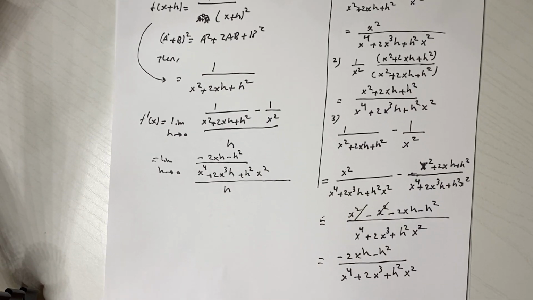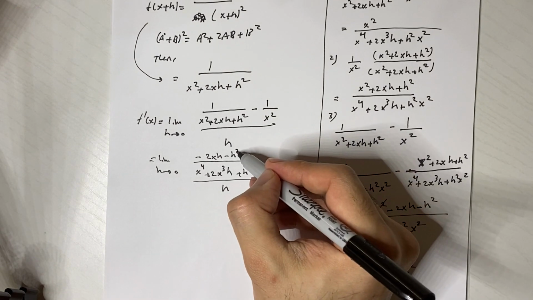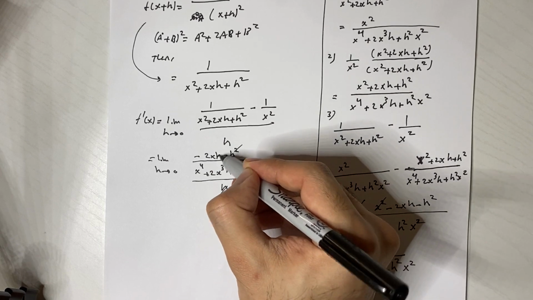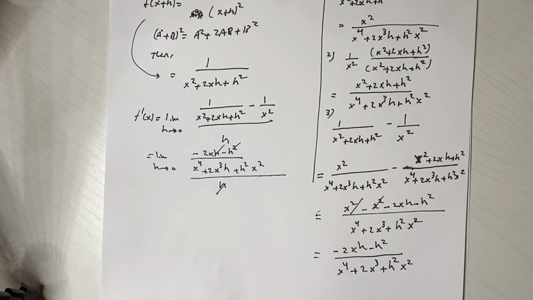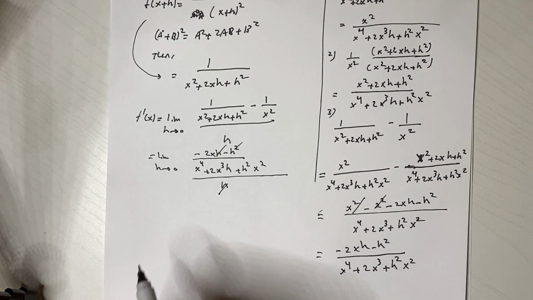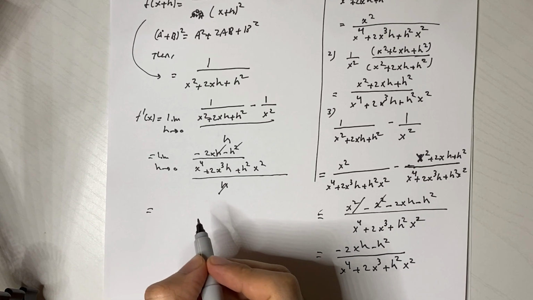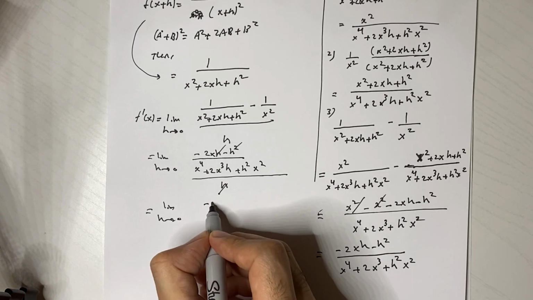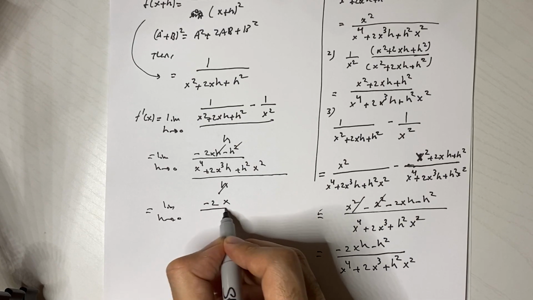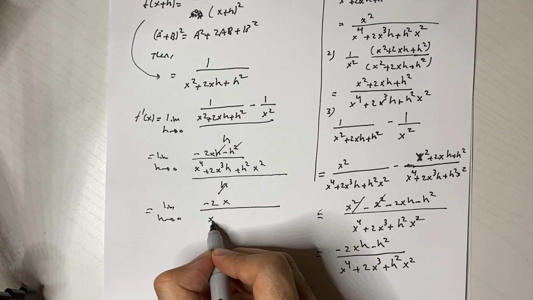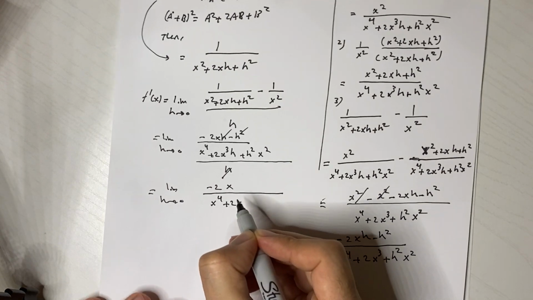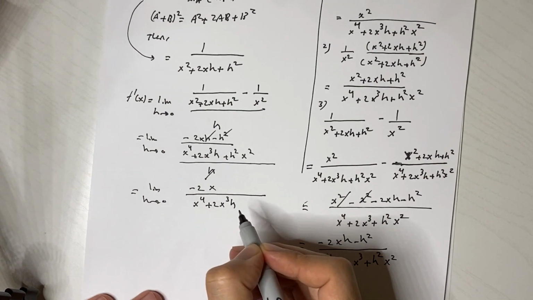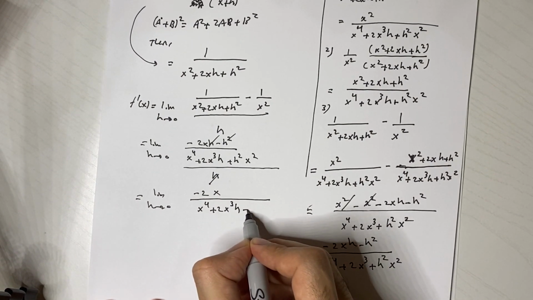Now what we can do is simplify. So the h squared will go and then h will go. So now we can write this as the limit as h goes to 0 of negative 2x over x to the fourth plus 2x cubed h plus h squared x squared.